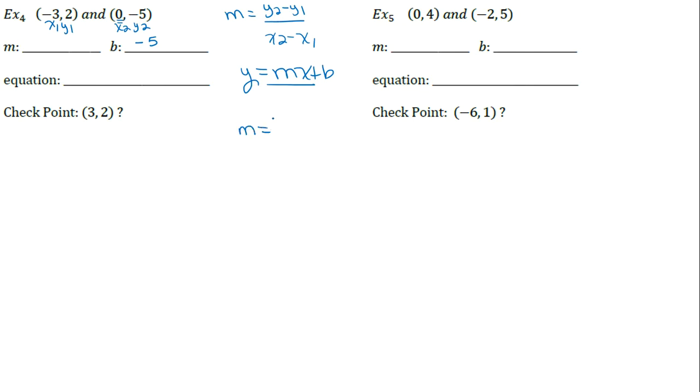We have y2 minus y1 over x2 minus x1. We have -7 over +3. So my slope is -7 over 3. My b value is -5. We can put this all together.